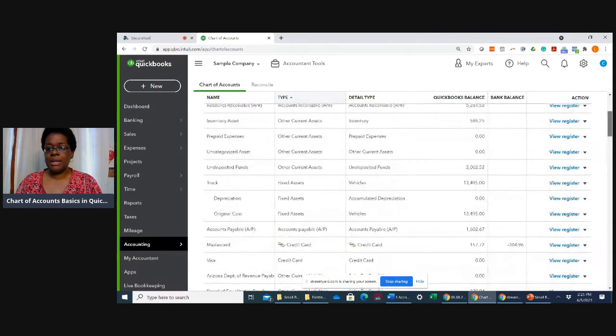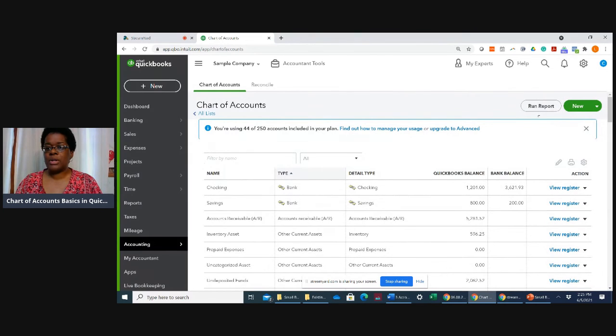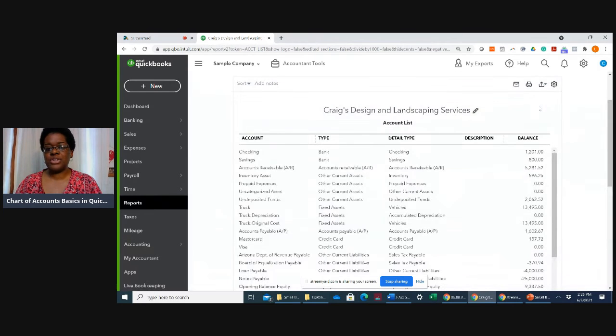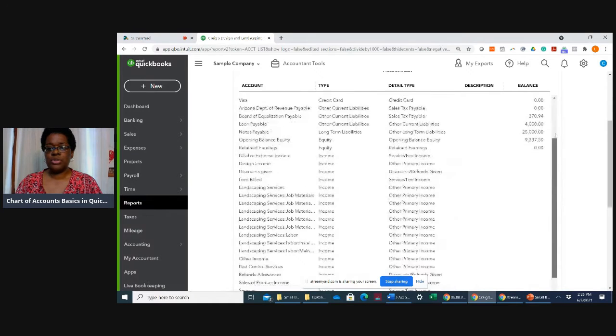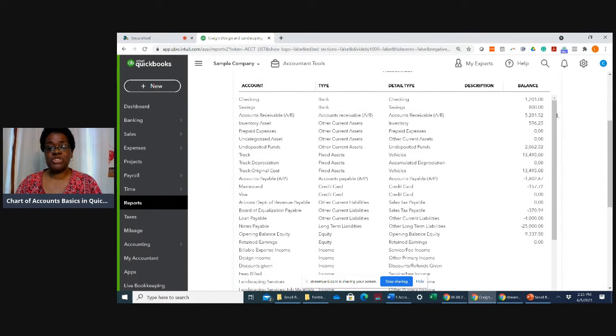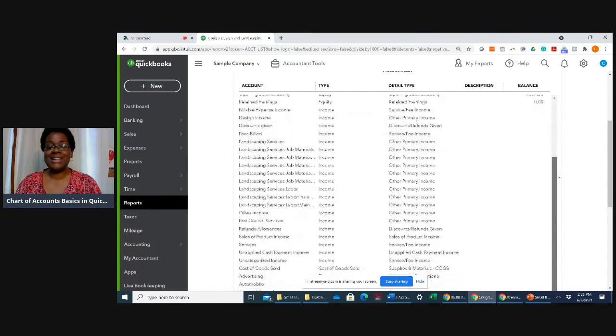So let me go here. I want to show you with run report. If you select run report, and lastly, just as a bonus, I suggest once a year you go into QuickBooks and look at your chart of accounts. You see what accounts possibly should be inactive, and also what accounts you possibly need to add.